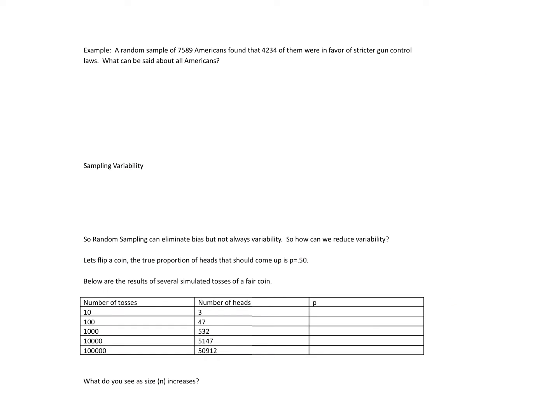So here is another example. We have a random sample of 7,589 Americans that found that 4,234 of them were in favor of stricter gun control. What can be said about all Americans? Well, our p-hat is 4234 out of 7589.